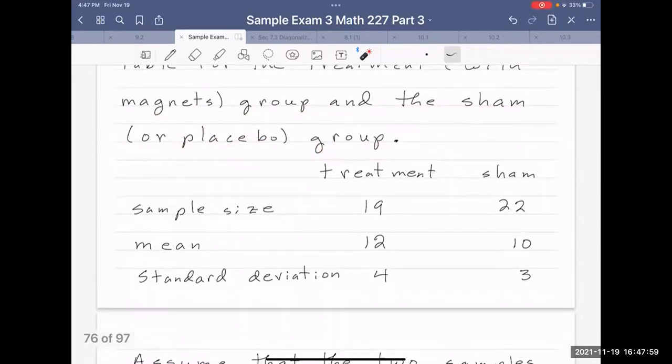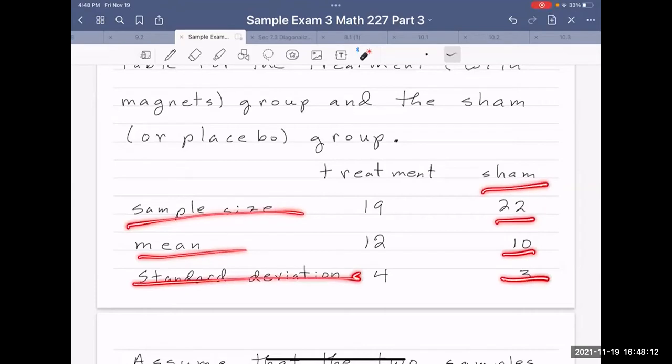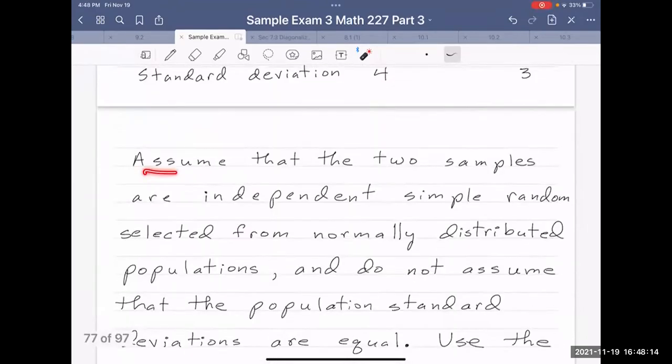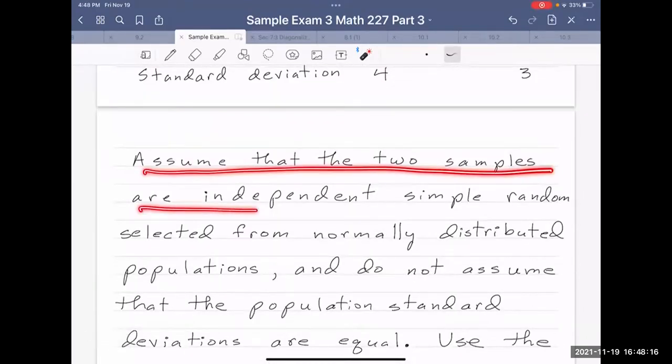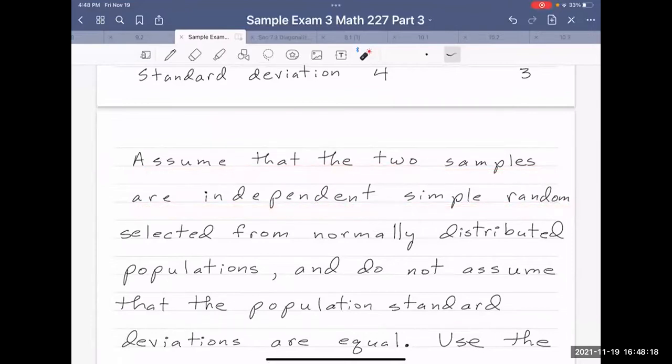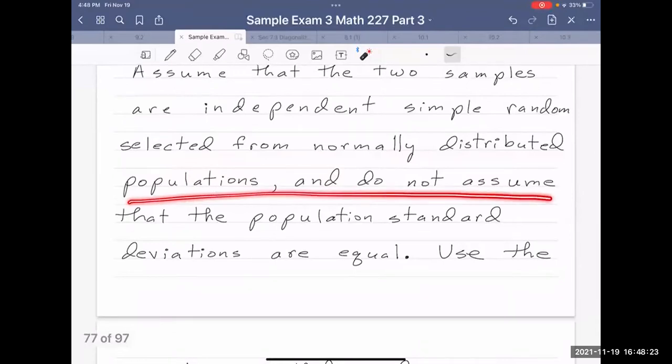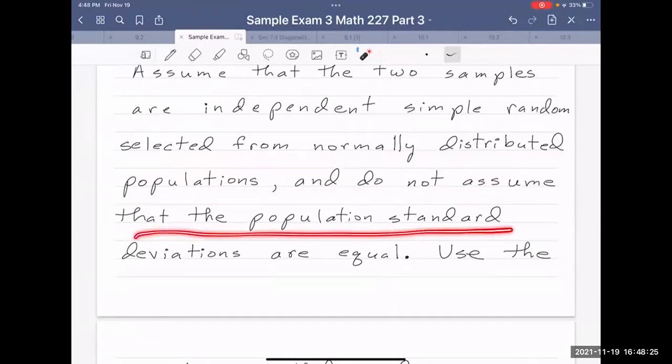So for the treatment group, sample size 19, mean 12, standard deviation 4. For the sham, sample size 22, mean 10, standard deviation 3. Assume that the two samples are independent, simple random samples selected from normally distributed populations, and do not assume that the population standard deviations are equal.